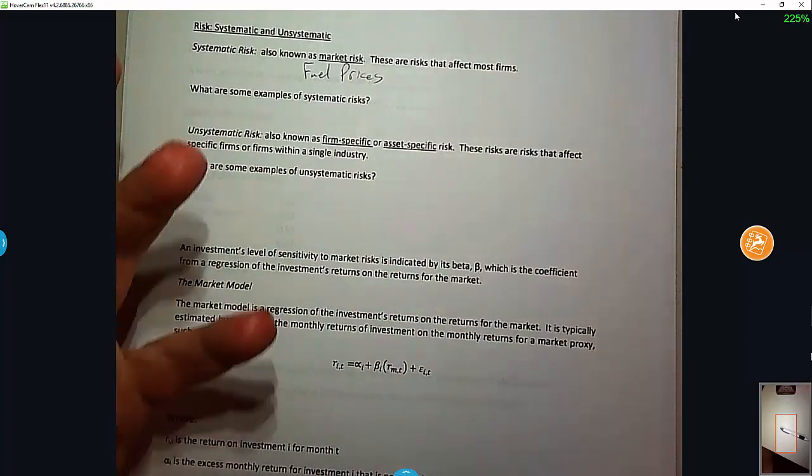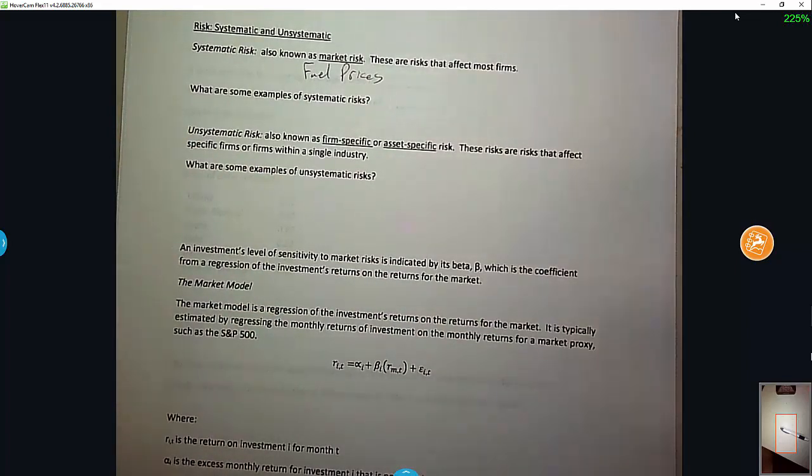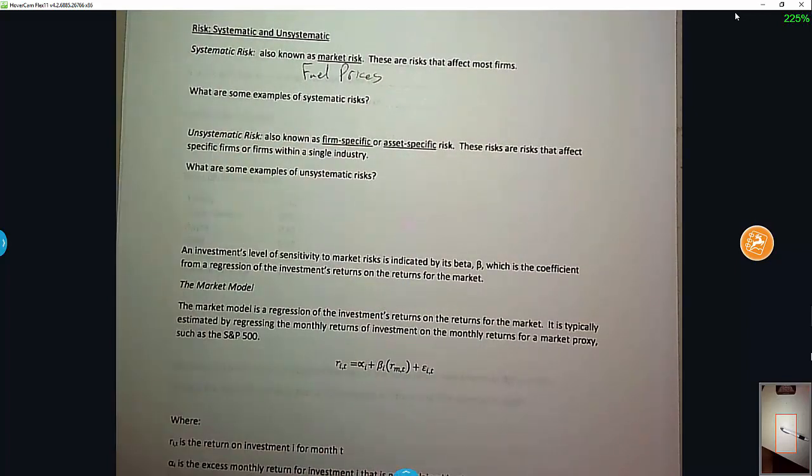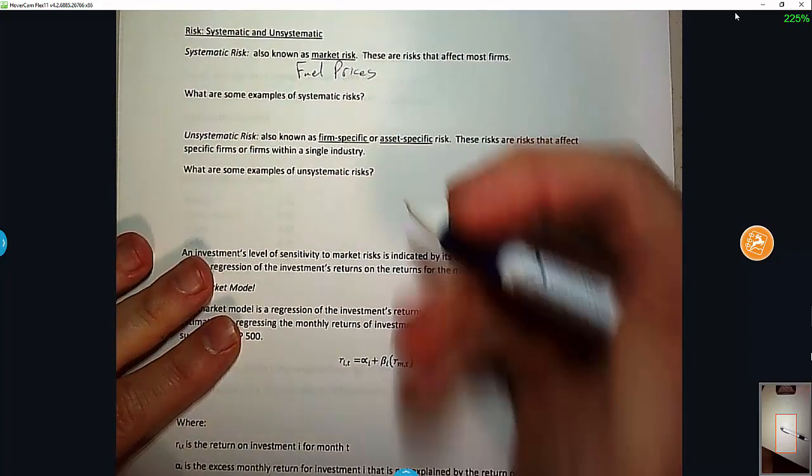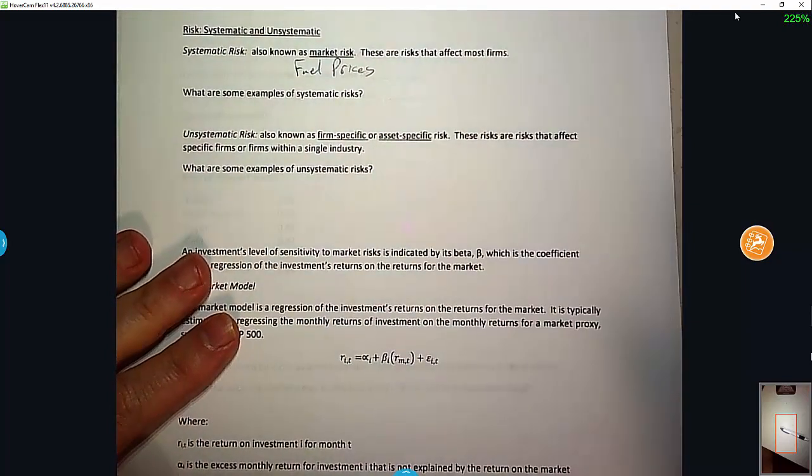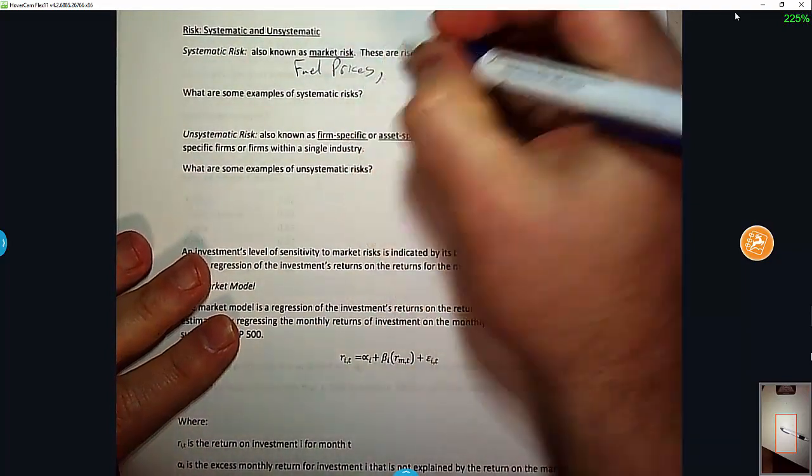In other words, they move together fairly closely. So if you think gas prices are going to go up, a good investment might be oil stocks. Okay. But for most other companies, increasing fuel prices hurts their profitability. Other things, inflation.